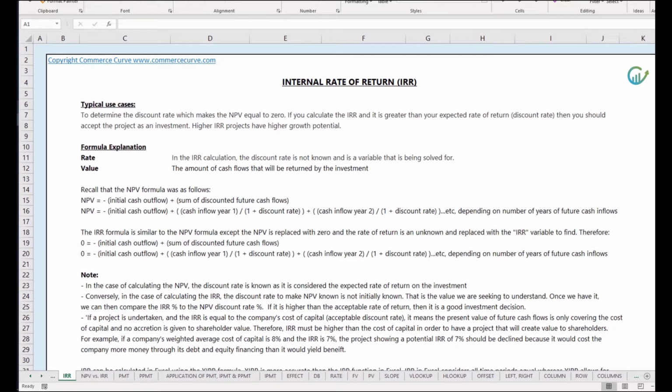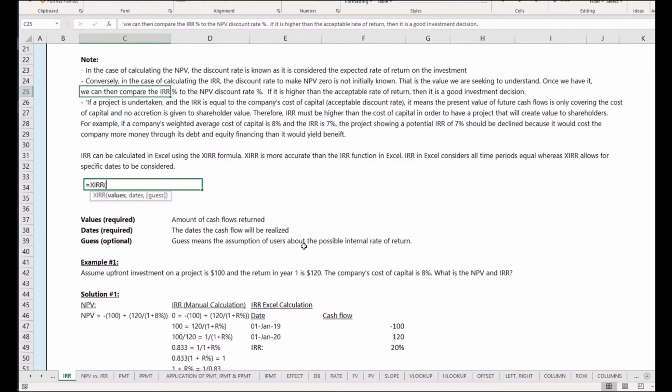A couple other important notes are as follows. In the case of calculating the NPV, the discount rate is known, and it is considered the expected return on investment. Conversely, in the case of calculating the IRR, the discount rate to make NPV 0 is not initially known. That is the value that we are seeking to understand.